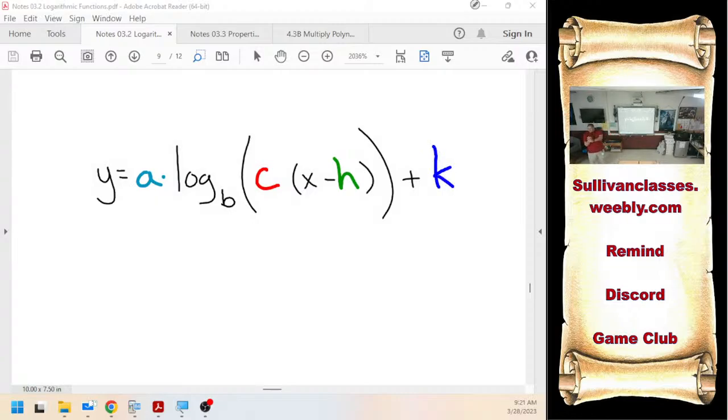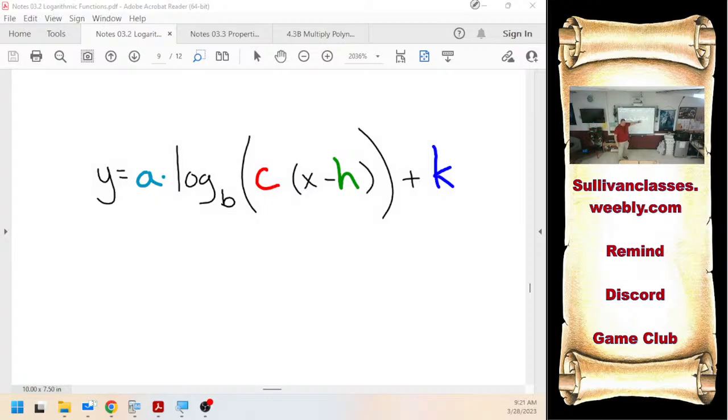A, vertical dilation, vertical reflection. C, be careful, it has to be separated from the x minus h. Has horizontal dilations and horizontal reflections. H, horizontal translation, both C and H are bass-ackwards.